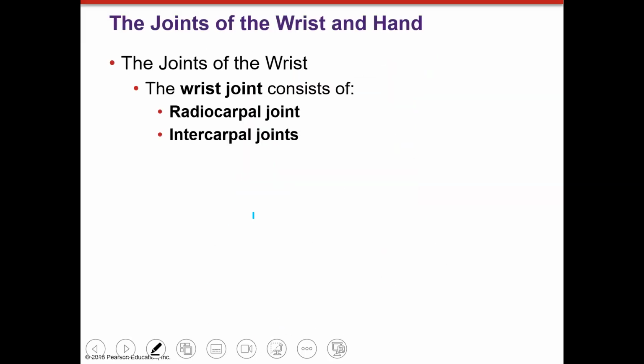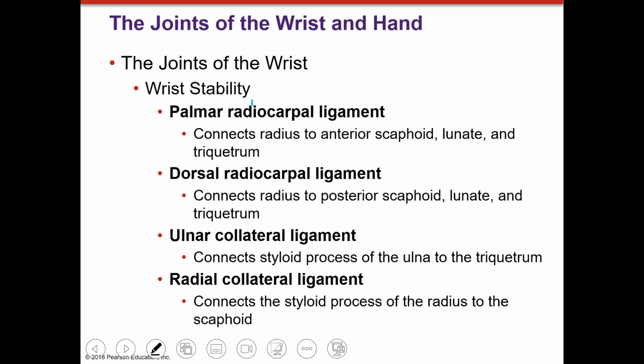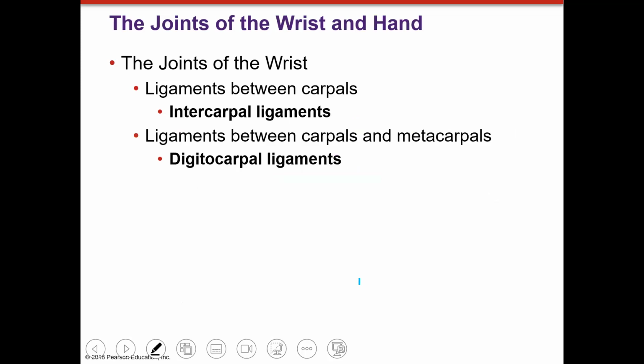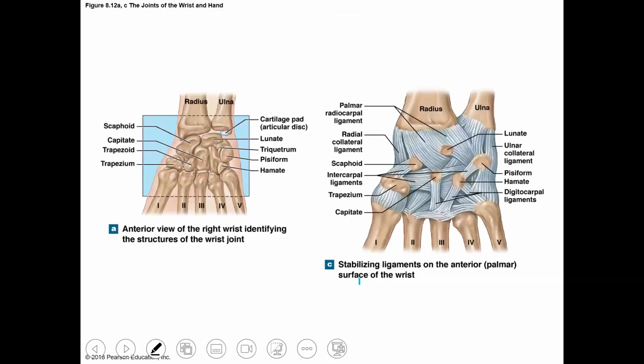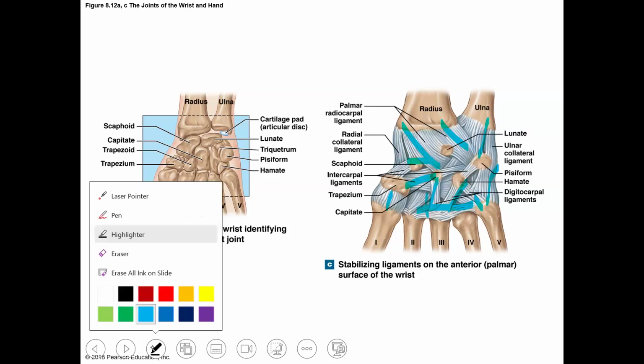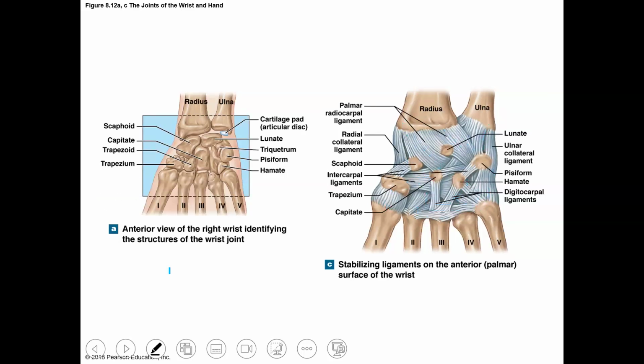Joints of the wrist, or you might hear your wrist called the carpal area. We see the radiocarpal joint between the radius and the carpal bones, and we're also going to see intercarpal joints and all of the ligaments connecting these. See right here, so many ligaments, and it's designed to help stabilize these little bones, your carpals. You might have heard of carpal tunnel syndrome before.